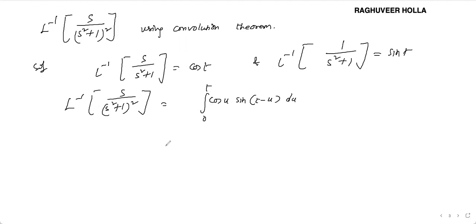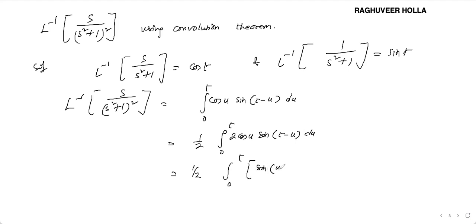Okay, so this is 1 by 2 integral 0 to t, 2 cos u sin t minus u into du, or 1 by 2 integral 0 to t. Now this will be sin u plus t minus u minus sin u minus t plus u.